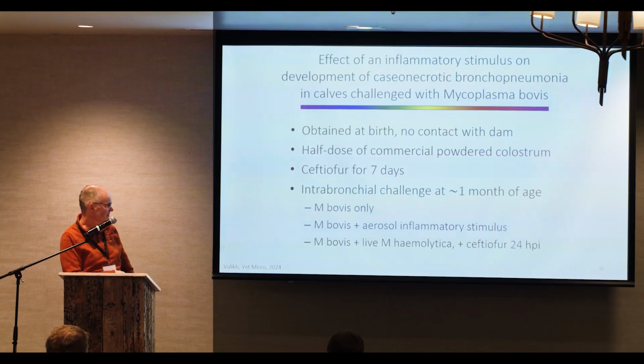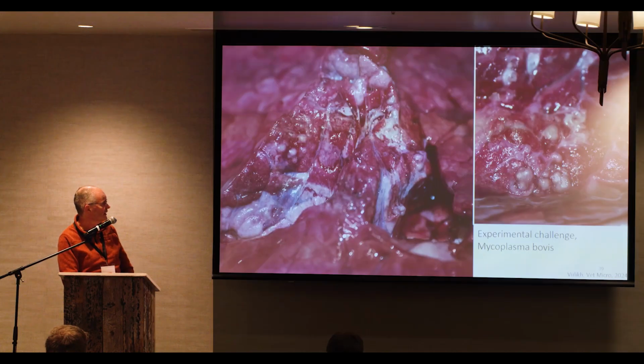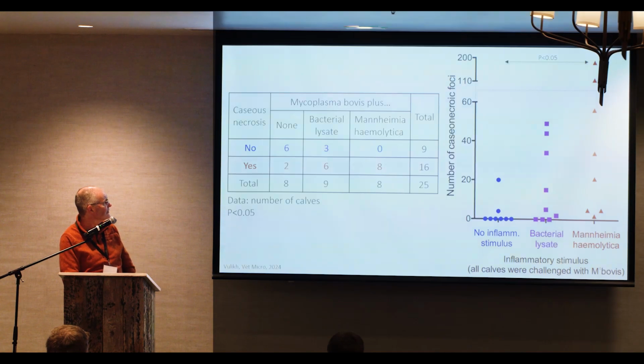So basically, these two groups are getting an inflammatory stimulus. This group is not. A weakness with the outcome of this was none of those calves got really severe disease. They did develop these nodular caseonecrotic lung diseases, but they didn't get half the lung affected with pneumonia, and that was a bit of a flaw, I would say, in this study.